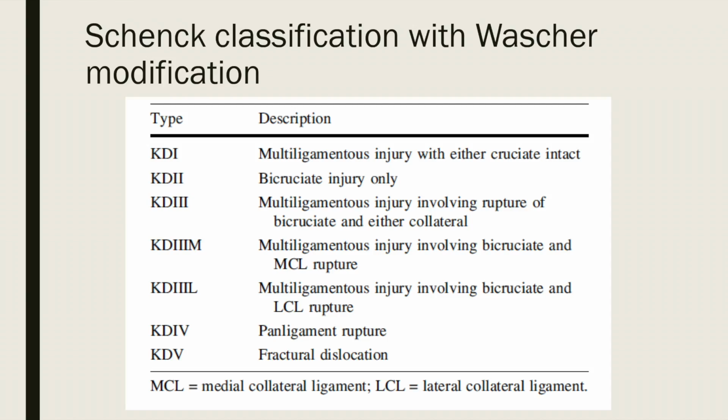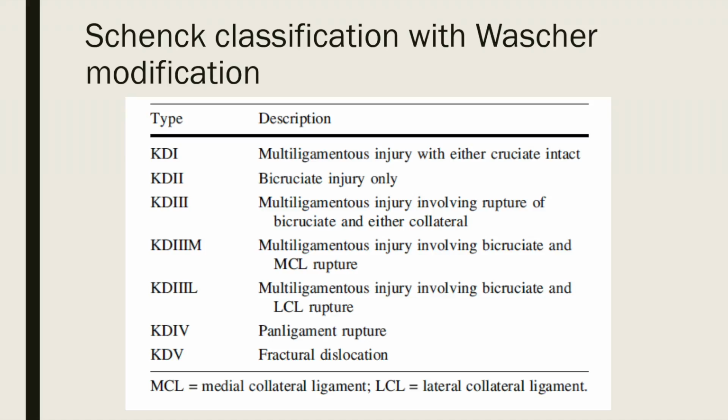And looking again at the classification, this is the Schenck classification, which was modified by Wascher. And if you've got a KD1, that's a multiligamentous injury, but one of your cruciates is intact. KD2, which is a rare one, where you only take out your two cruciates.